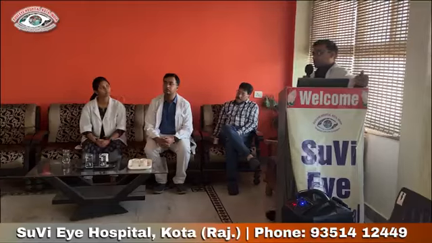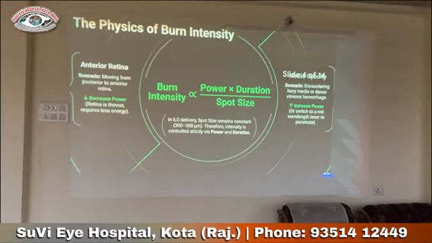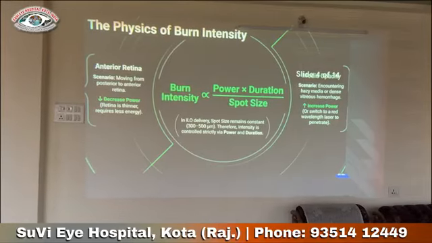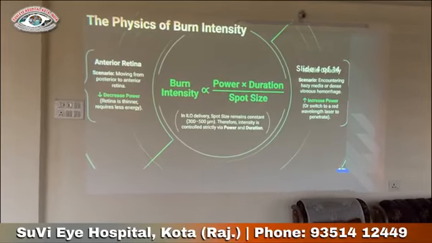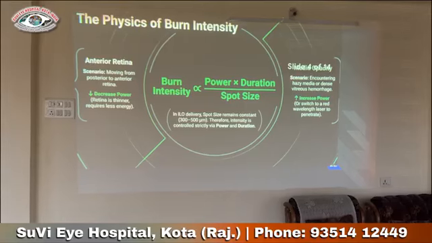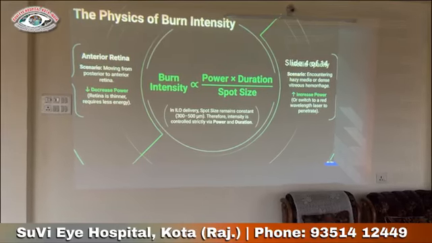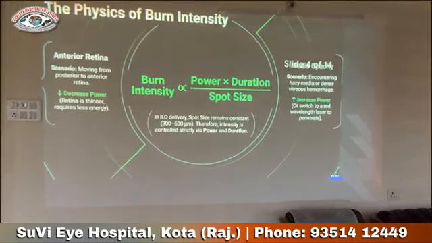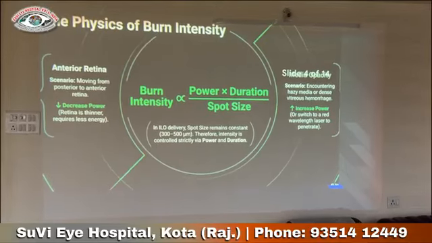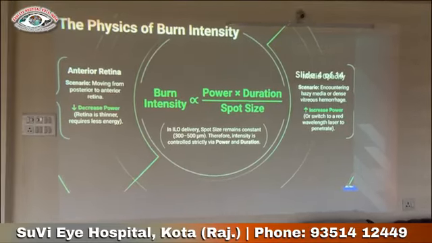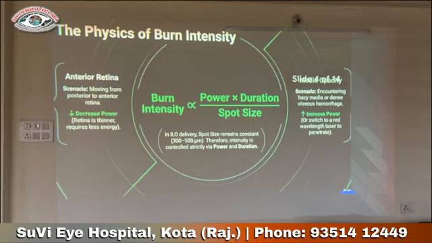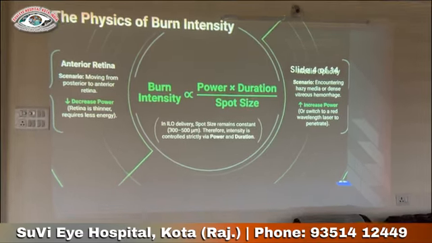When you go from the posterior pole towards the anterior, if you encounter hazy media or dense opacity, you have to increase the power or switch to another laser like red lasers. Burn intensity depends directly on the power and duration, and in inverse proportion to spot size. In an indirect delivery system, spot size varies with power and duration.